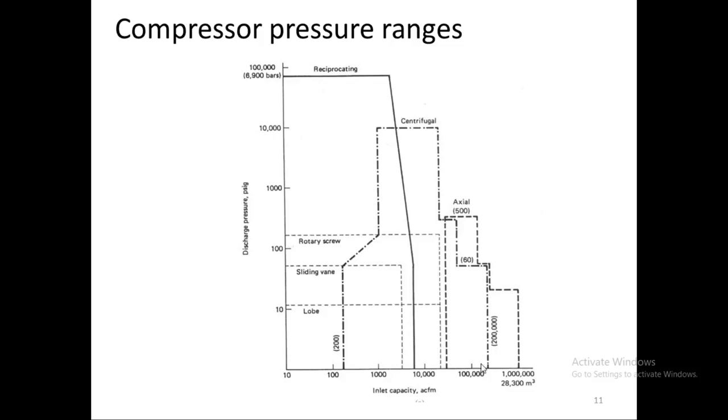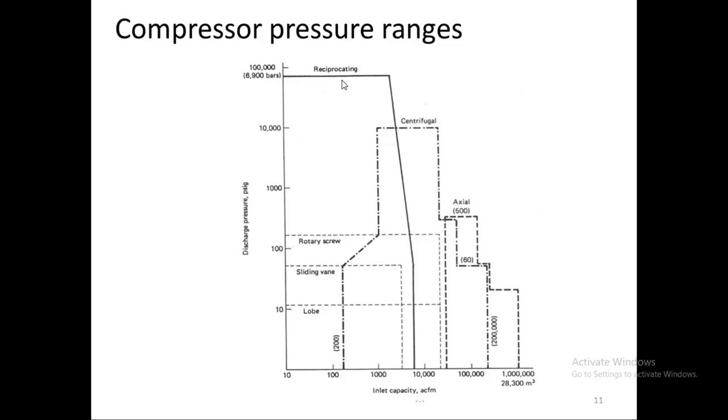But if you need large volume, the largest volume will be offered by the axial type of compressor. That is the dynamic type, axial or centrifugal. The reciprocating or positive displacement types are batch type compressors, so they cannot produce a large amount of volume.